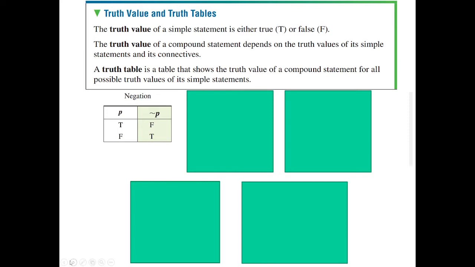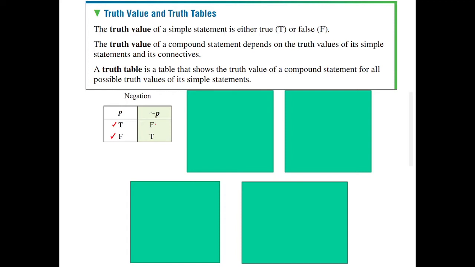So as you can see, it's just simply, if I'm going to negate this, so I have statement P. Statement P has two values, either true or false. Again, statement P is either true or false. Now, if I will be negating statement P, what is not true?